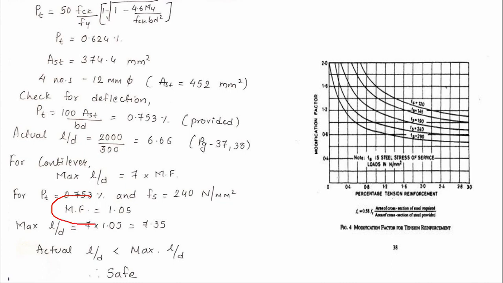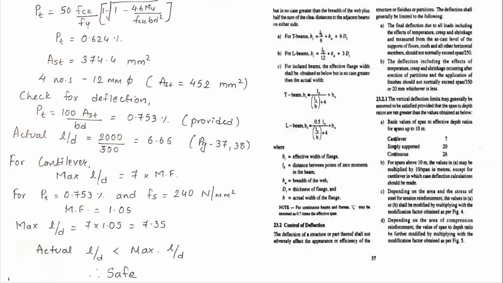So taking the value as 1.05, we will find the maximum L by D. The maximum L by D, from the ratio here, for a cantilever will be 7 into MF. We have already calculated 1.05, so the maximum L by D is 7.35.